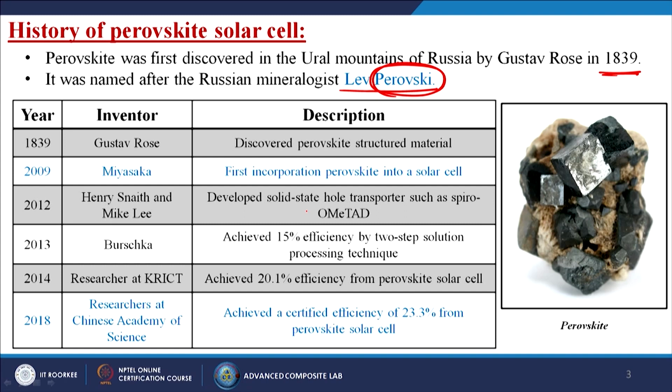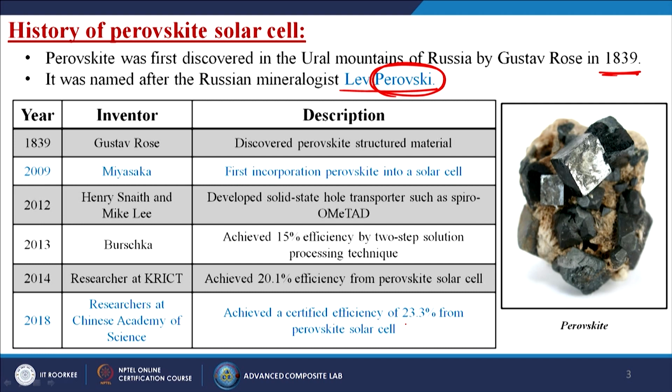In 2013 Burschka achieved 15% efficiency by a two-step solution processing technique. In 2014 researchers at KRICT achieved 20.1% efficiency from the perovskite solar cell. In 2018 researchers at the Chinese Academy of Sciences achieved a certified efficiency of 23.3%.